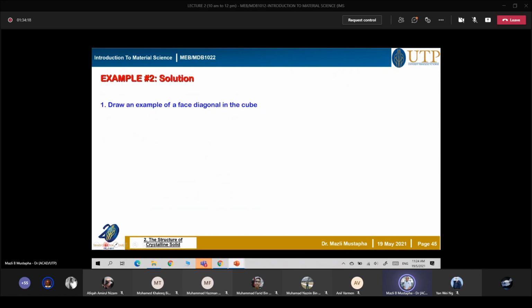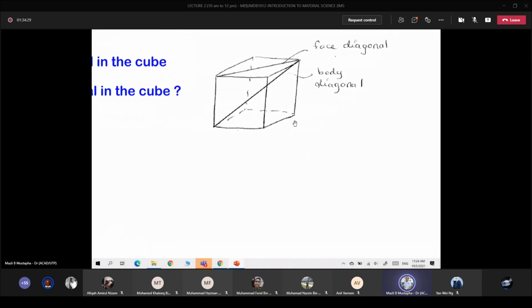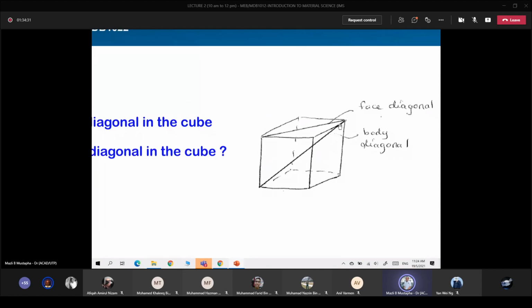So this is how to draw a face diagonal. Class, this is the face diagonal. I will enlarge it, although I think it's quite repeated. The face diagonal is very important, as I mentioned before, in measuring the relation between A and R for the face centered cubic.